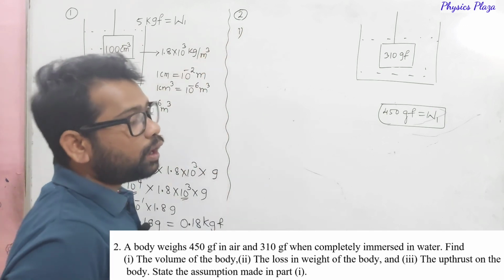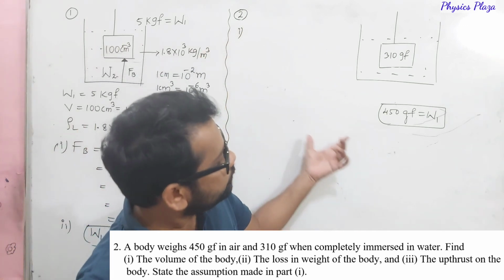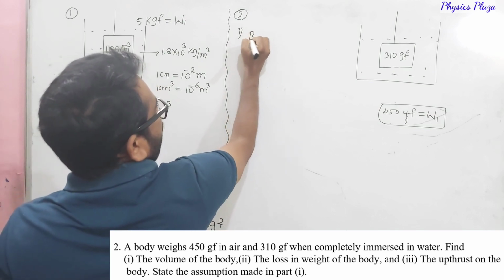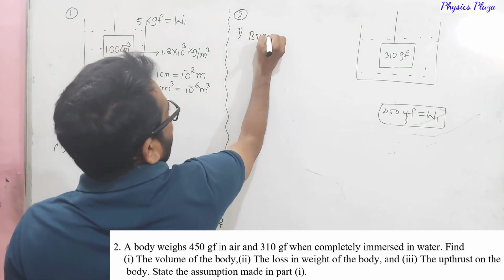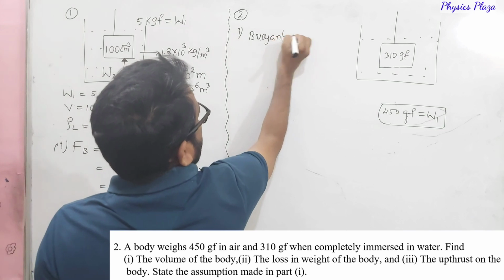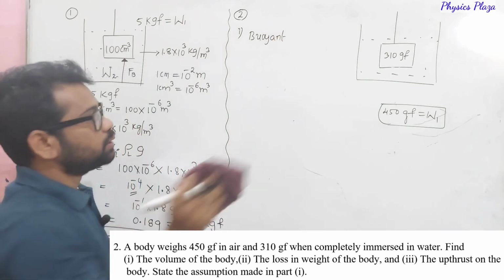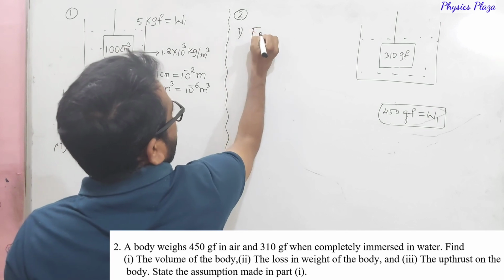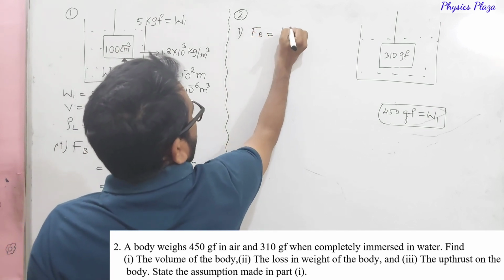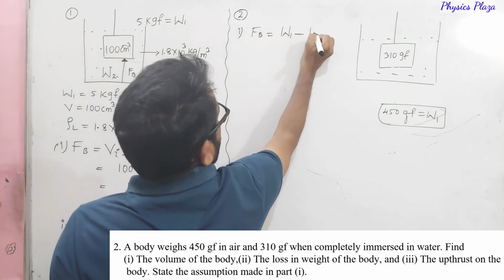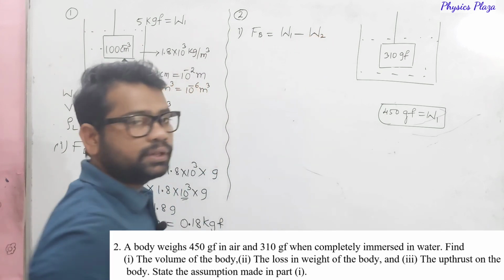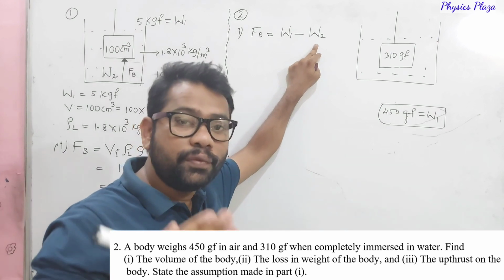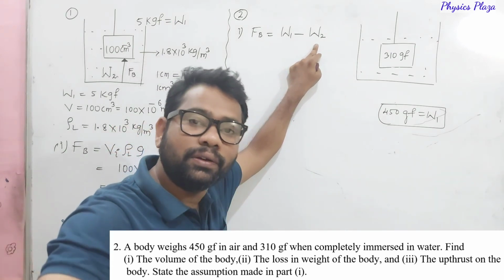So here, children, how can we calculate the buoyant force? Let us write the symbol. Buoyant force is equal to W1 minus W2. W1 is the weight of the solid in air, and W2 is the weight of the solid when it is immersed in a liquid.